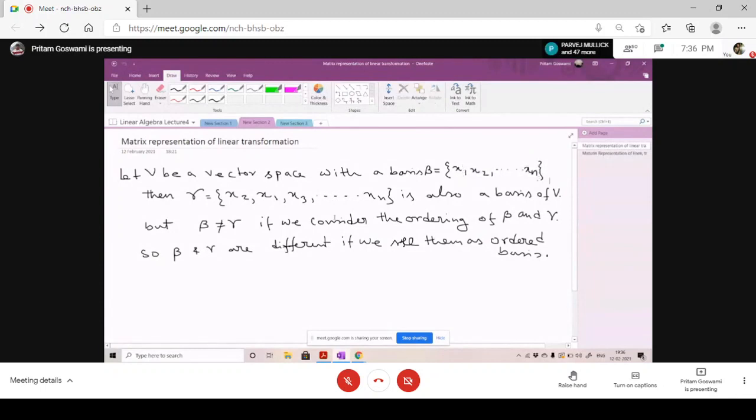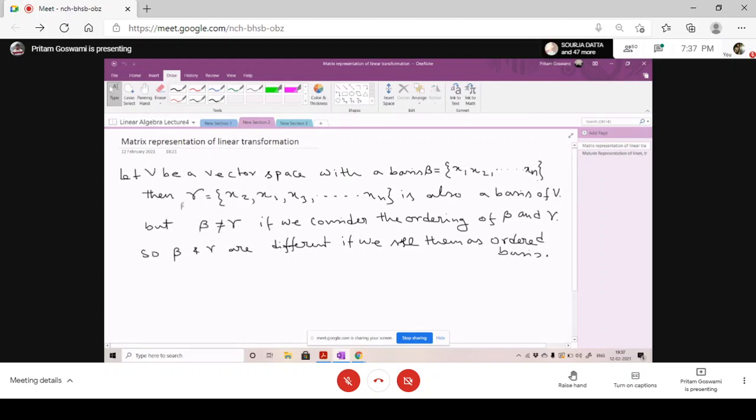And gamma is the same set, but x1 and x2 have exchanged their places. So in terms of set theory, they are equal. Beta is equal to gamma because in a set the position doesn't matter. But if you consider the ordering of the set, then you cannot say beta equals gamma. Beta is not equal to gamma if you consider the ordering also.